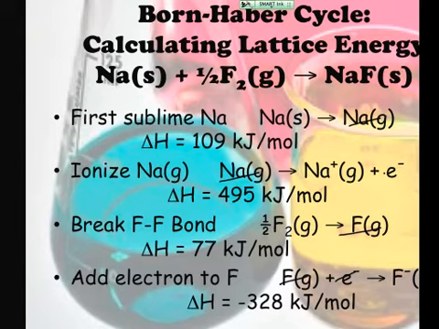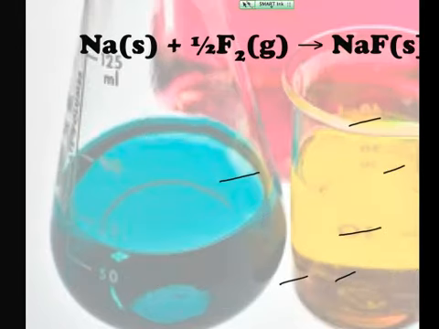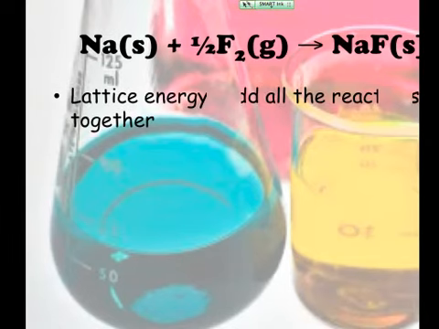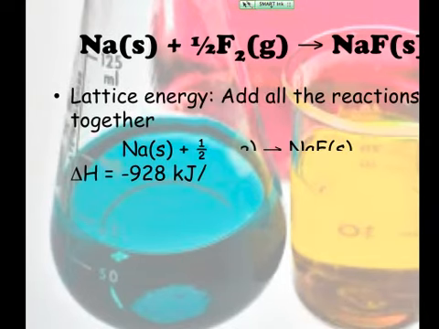So we formed ions, right? And they stick together because what? Because opposites attract, right? So add all your energies together, and do you get the same number as I do? Get your calculator out and add the energies together.